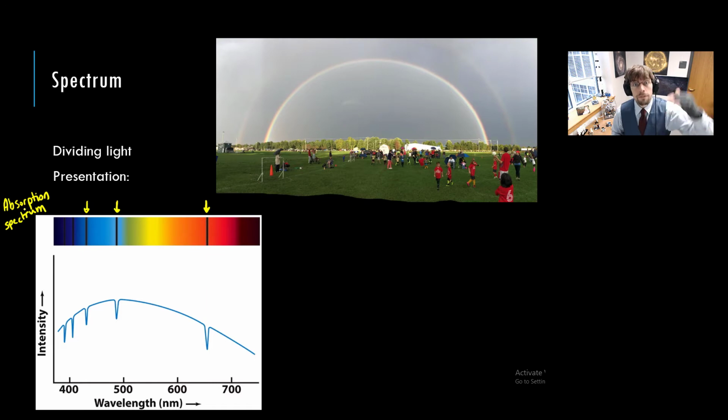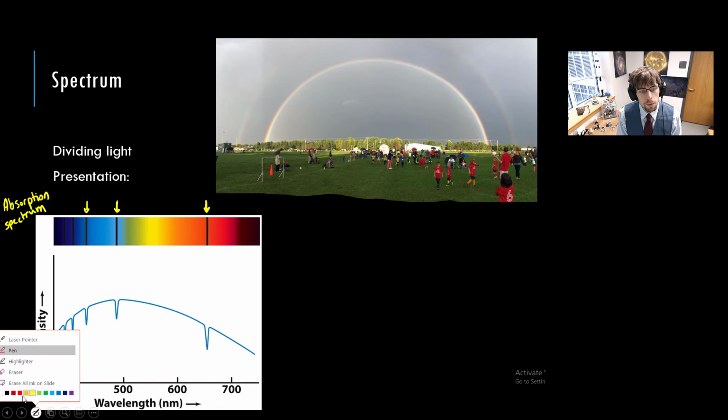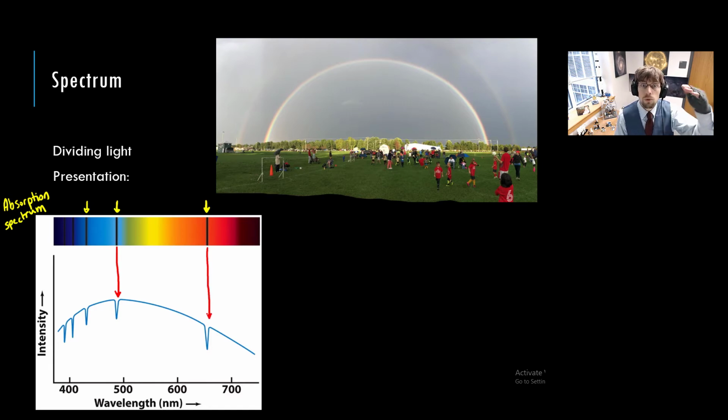On the vertical axis, we have intensity, how bright each wavelength is represented. Okay. So you notice, and it's not by accident, you notice that where there is an absorbed wavelength, that corresponds in the graphical representation with a dip, a drop in intensity.